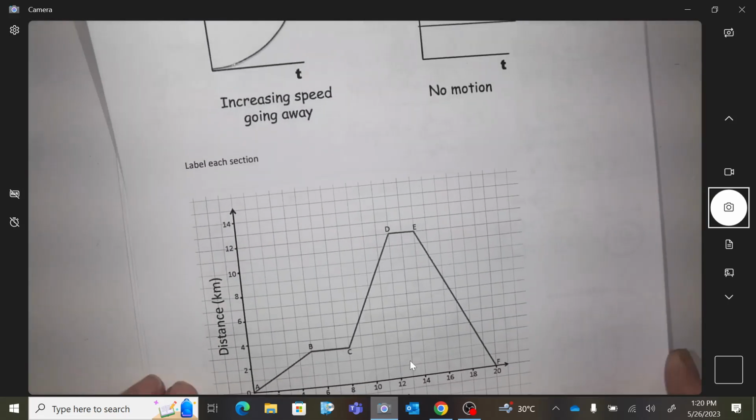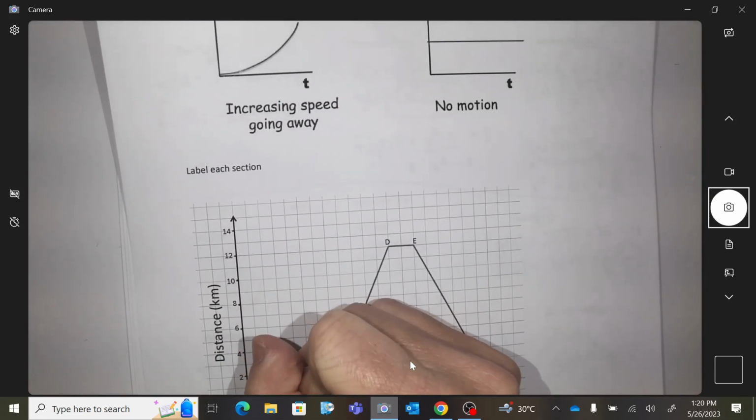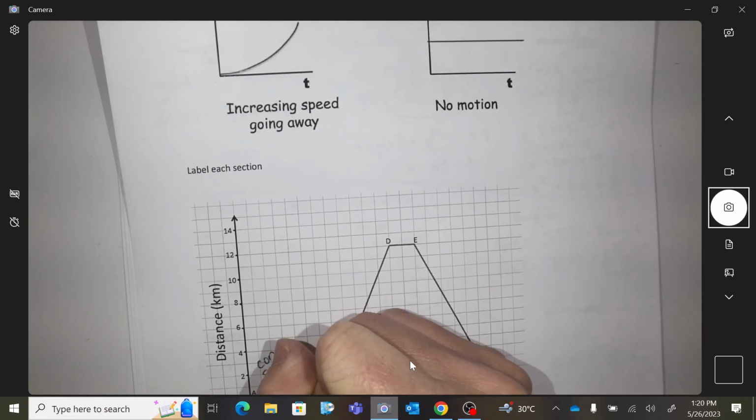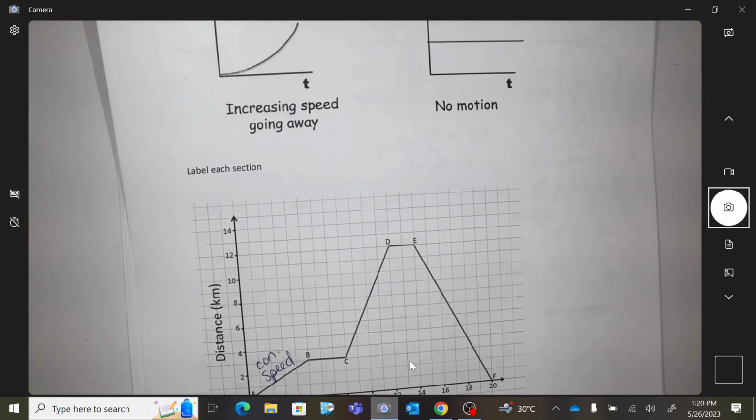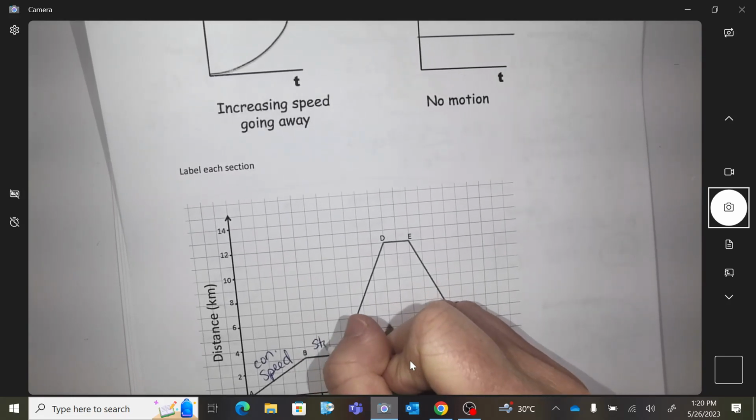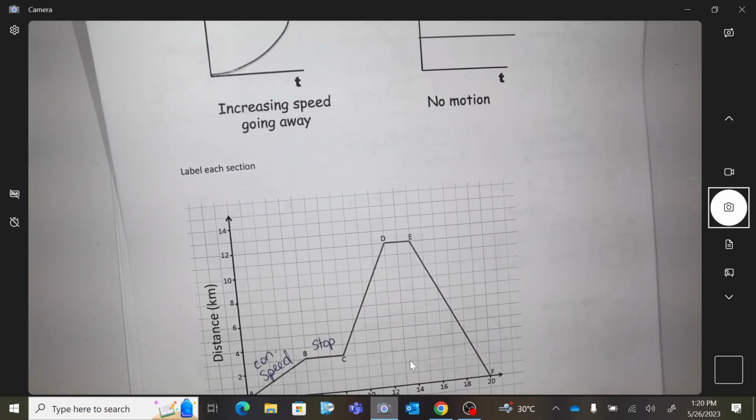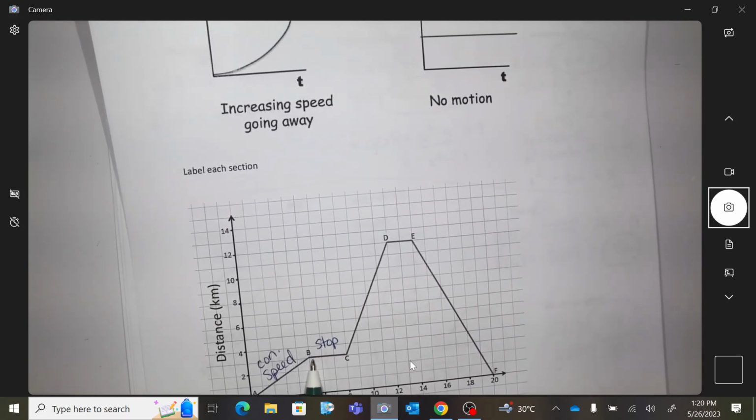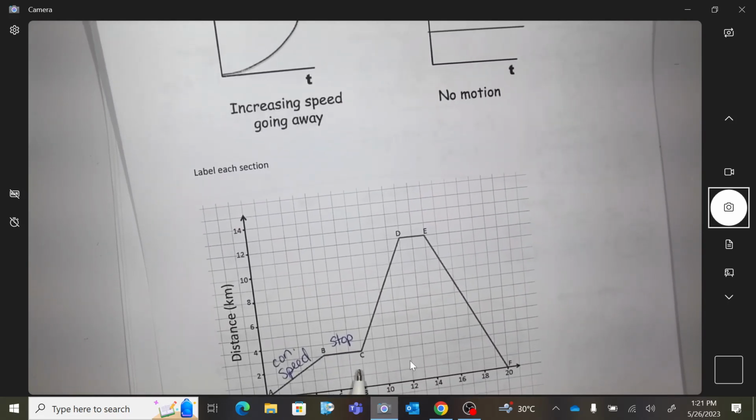Okay, so here we go. This one would be constant speed. Your distance is increasing, so you're constantly moving. Now, here we are. There's a stop, because your distance away from home is 3. It never changed, so you never went anywhere.